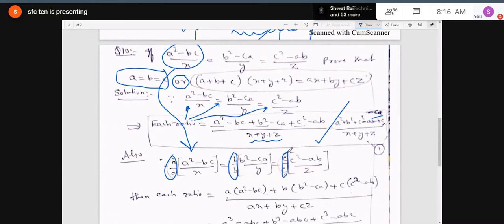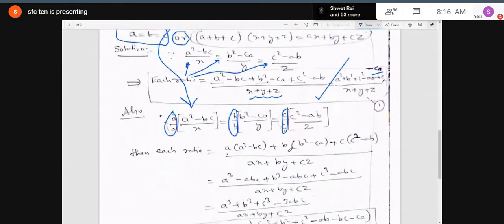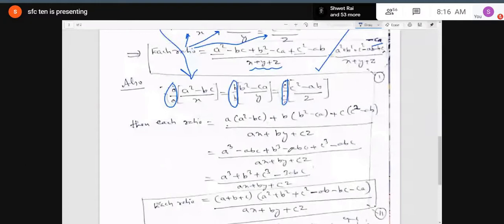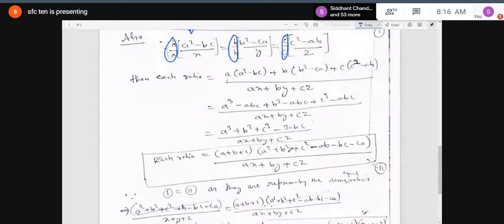Now in this case, again they are in the form of a upon b is equal to c upon d is equal to e upon f. That means again the sum of each ratio is the same. So each ratio will be equal to what? Sum of their antecedent upon sum of their consequent. So the sum of the antecedent means the first numerator is what? a into (a square minus bc), and denominator is what? ax.